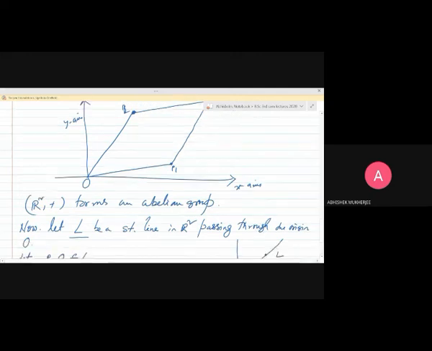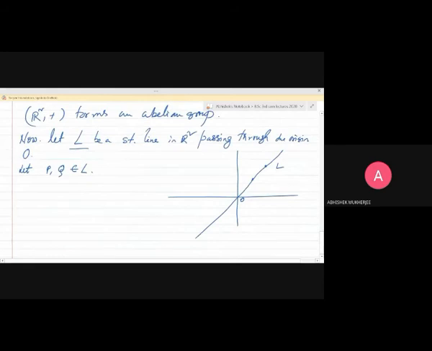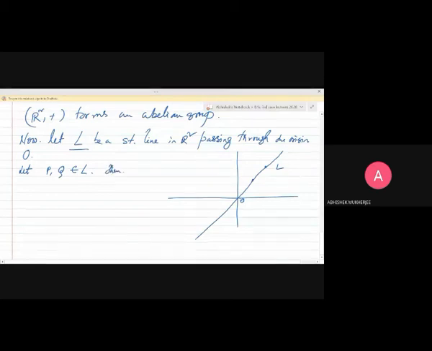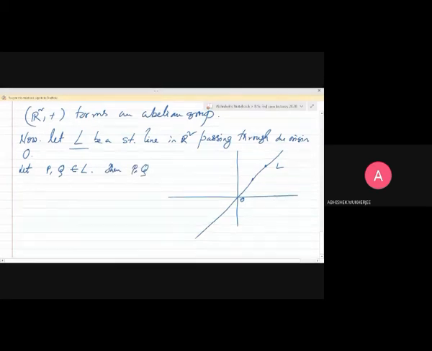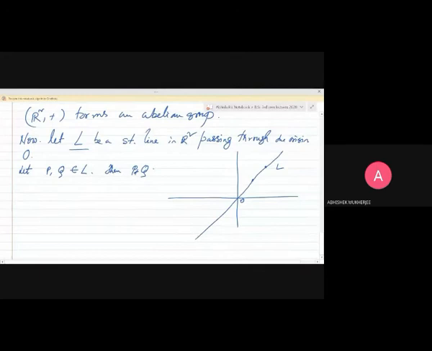So that means P, Q and their resulting point with respect to the addition, P plus Q, will be on the same line where P and Q lie. So P plus Q belongs to L.